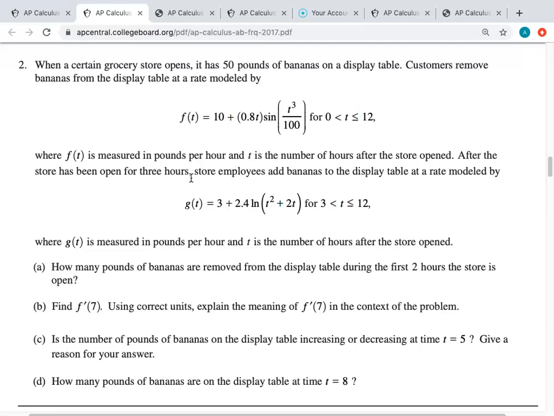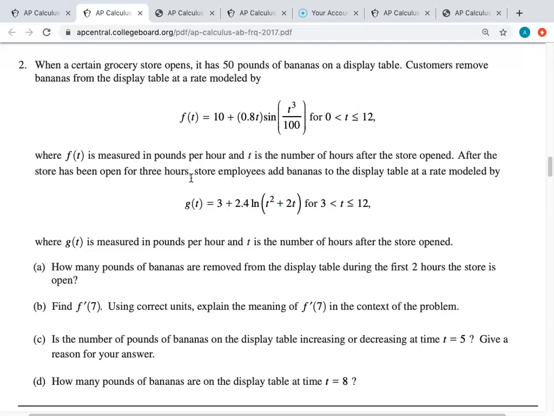Customers are taking the bananas and putting them in their shopping carts, so they're removing bananas at a rate of F of T. After the store has been open for 3 hours, employees start bringing out more bananas. So employees are adding bananas to the table at a rate modeled by G of T.